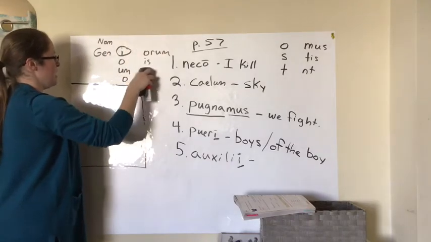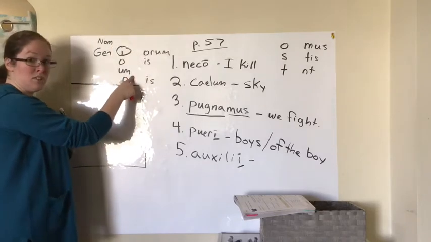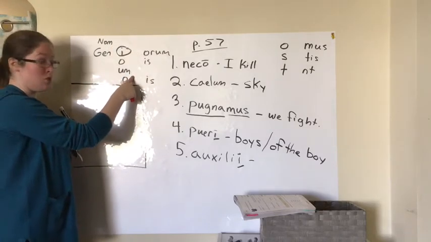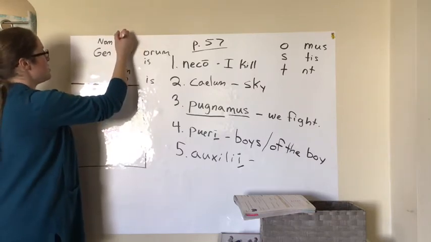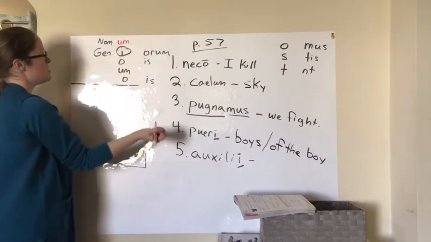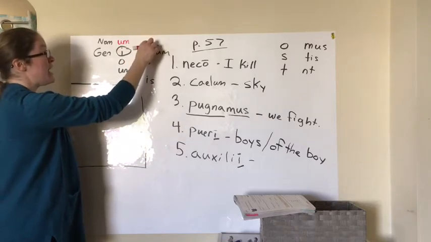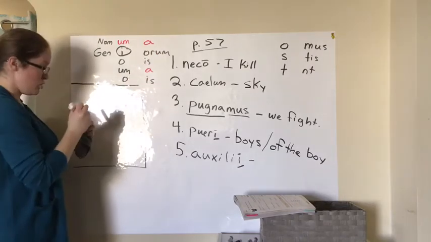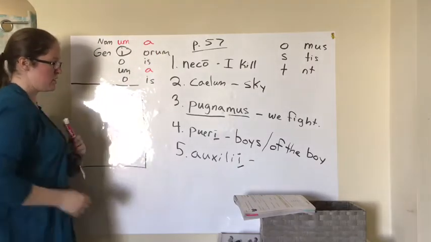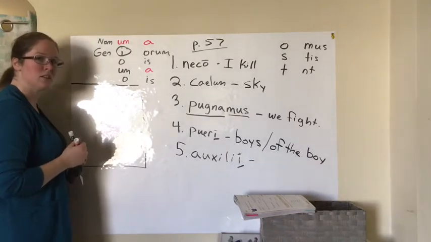And actually, even our accusative singular doesn't change compared to the masculine chart, right? It's just that our nominative changes to match it. And in the plurals, those two cases end in A. So there's an A there and an A there. So, do we have two options for the meaning of auxilii if it ends in I, or do we only have one?